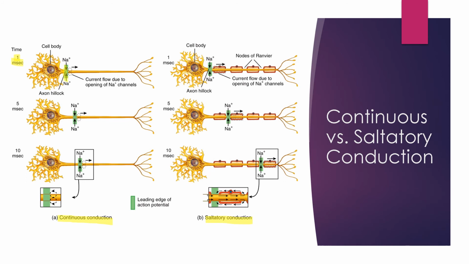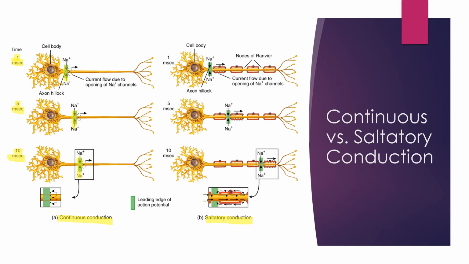At 5 milliseconds, it hasn't gone very far, it's right here. And then at 10 milliseconds, we have yet to travel very far at all. And so every single voltage-gated channel has to open along the membrane, so it takes a long time in continuous conduction for the action potential to propagate down the entire length of the axon.